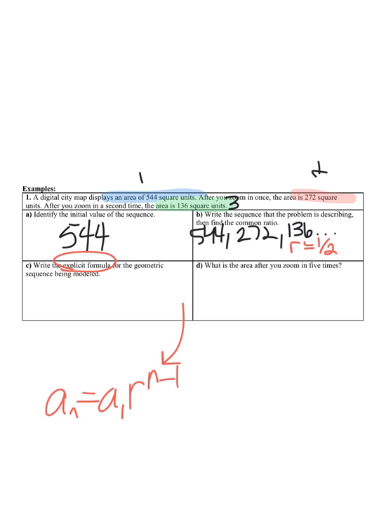So I can go ahead and plug that in to make an equation. And I'm going to leave n general so that I can find any term in the sequence if I want. So I've got 544 times, parentheses are important here, 1/2 to the n minus 1. There's my formula.